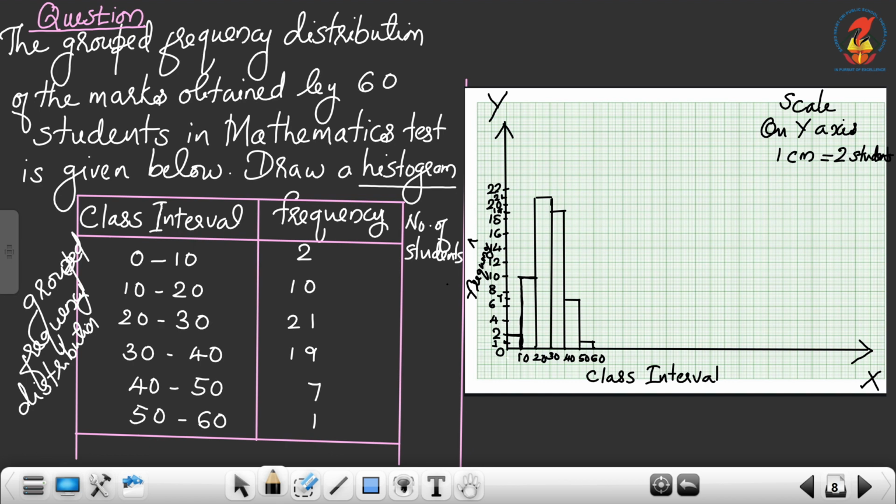Frequency or number of students. So this type of graph we call a histogram.